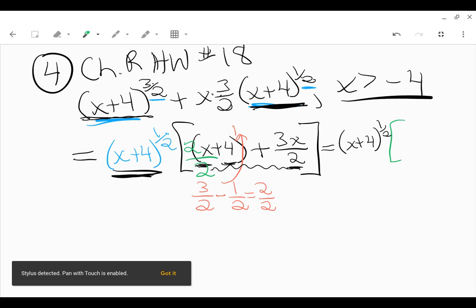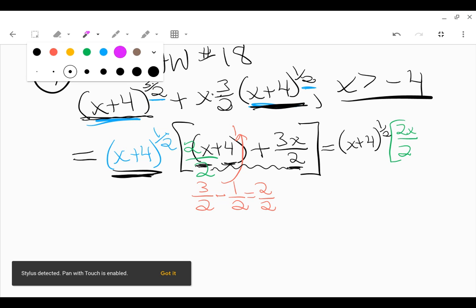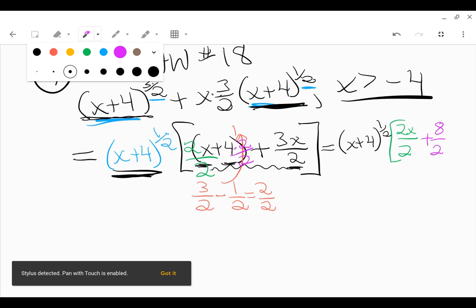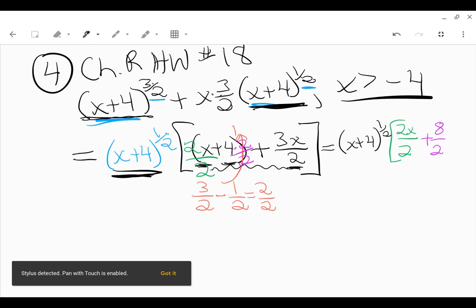So I'm going to write that as 2x over 2. Same thing with the 4. If you multiply numerator and denominator times 2 here, then this is 8 over 2. And then plus that 3x over 2.